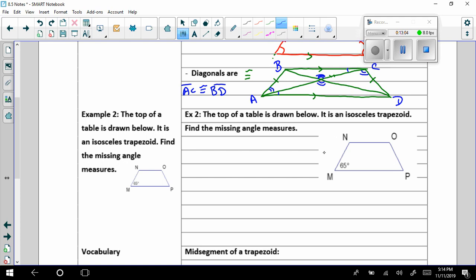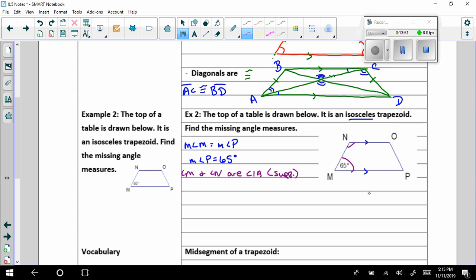We're going to find the missing angle measures given one. So if this is an isosceles trapezoid, then we know that base angles are the same. So if the measure of angle M equals the measure of angle P, then the measure of angle P is also 65 degrees. Given these are parallel, M and N are consecutive interior angles, meaning they are supplementary.